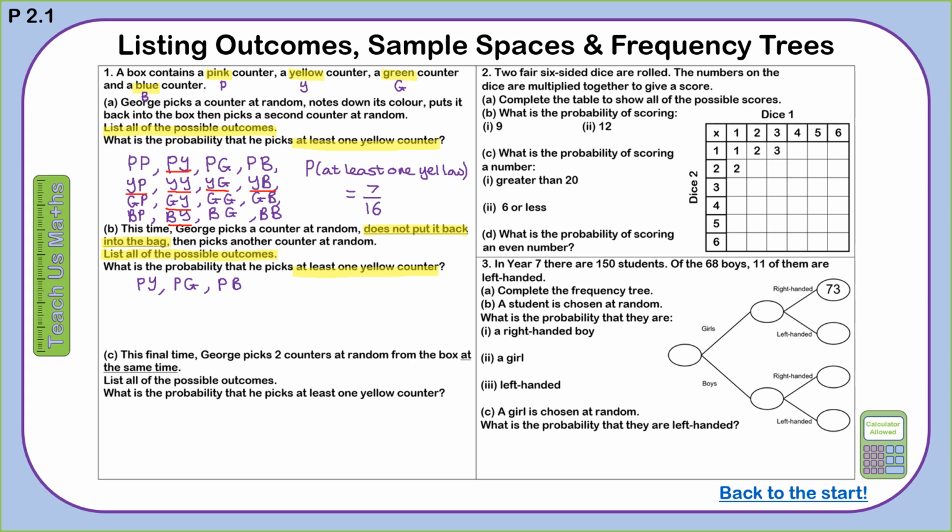Now, if he were to choose a yellow counter first, he could pick a yellow counter first, then a pink counter second. He couldn't pick a yellow counter first and a yellow counter second, but he could pick a yellow and then a green, or a yellow and then a blue.